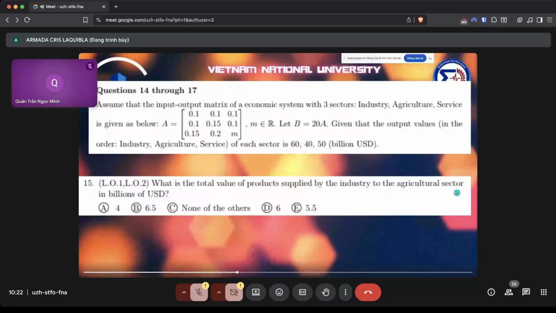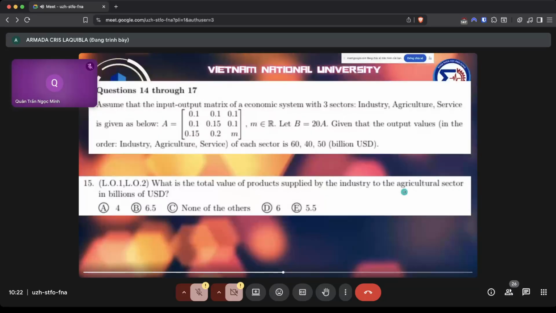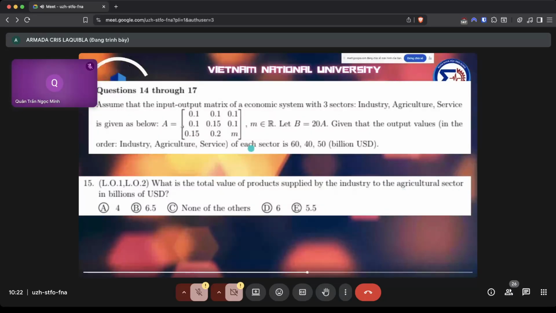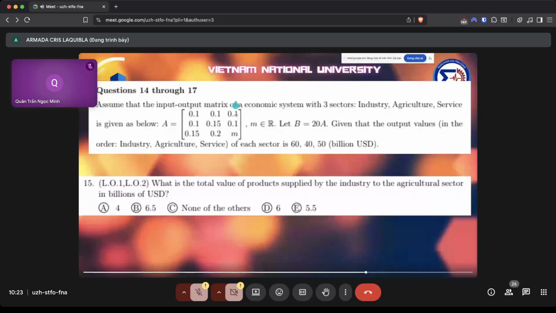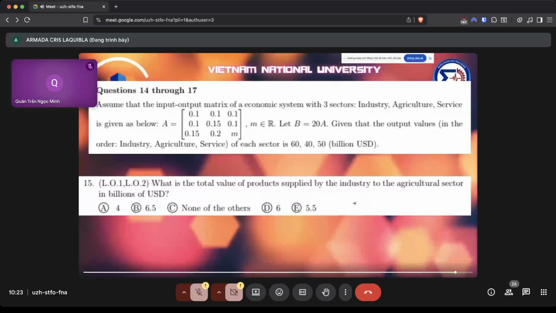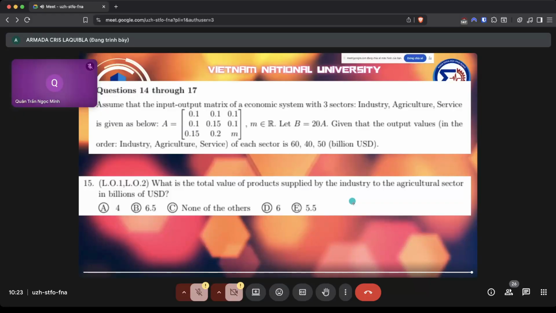If it says industry to the service sector, then you have row 1 and column 3. You multiply it with 0.1. If the question says the total value of products supplied by the agricultural sector to the industry, where is that? Find the agricultural sector first in the row. It's row 2, and then the industry is row 1 at column 1.